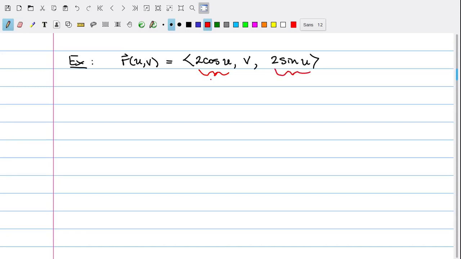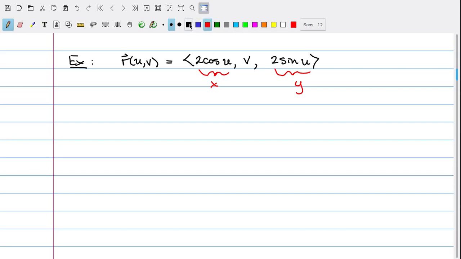Let's look at another example. In this example, I'm going to let my parametric equation be 2 cosine u, v, and 2 sine of u. In this case, I can check that my x value and my y value here will be related.